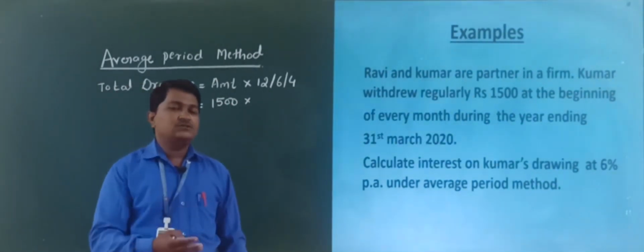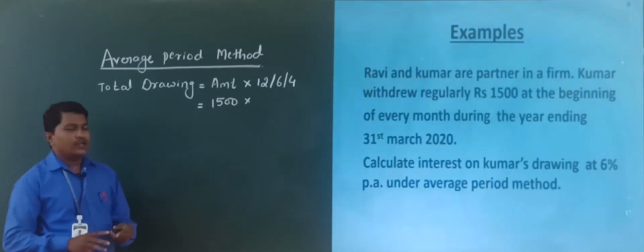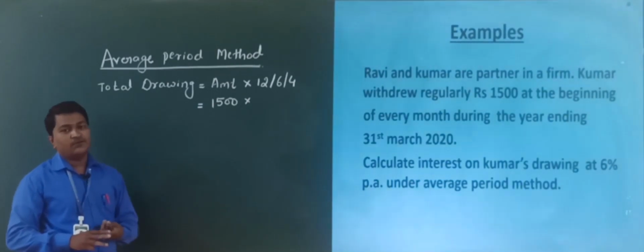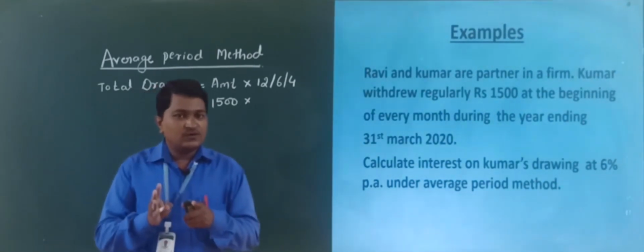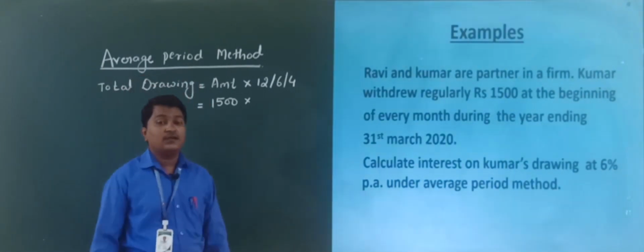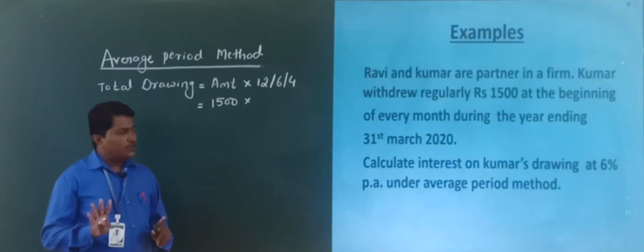Either of these three you need to calculate. So now you tell me, can I multiply by 12, 6, or 4? Before you go for this, you check the problem first, whether he withdrew full year, half year or quarterly.